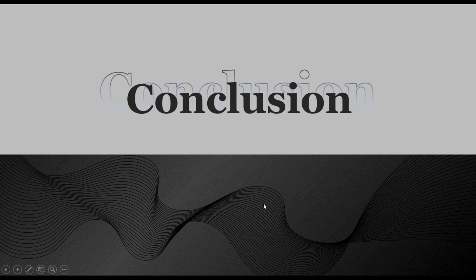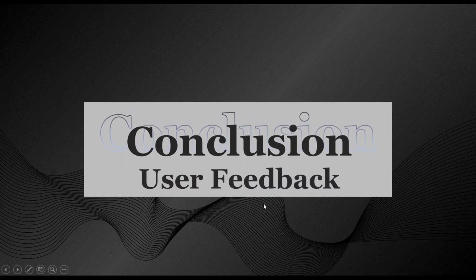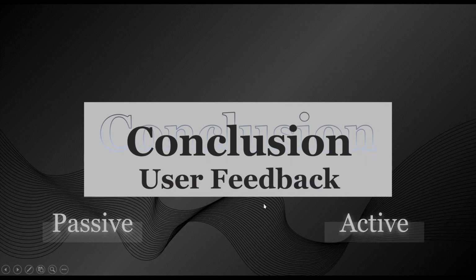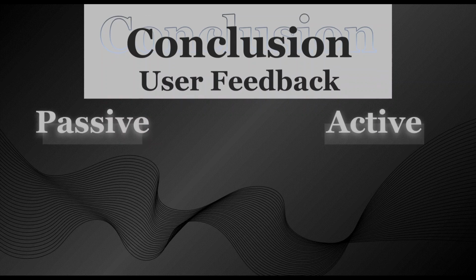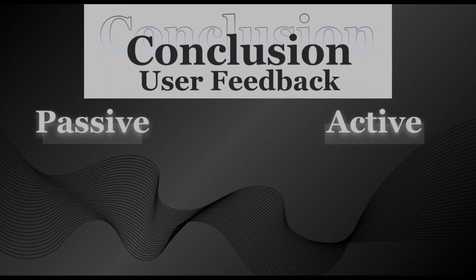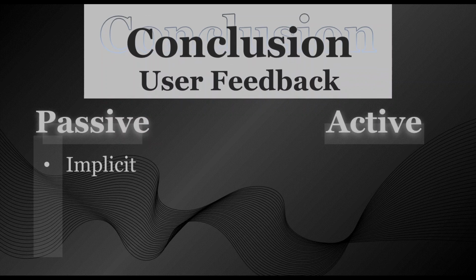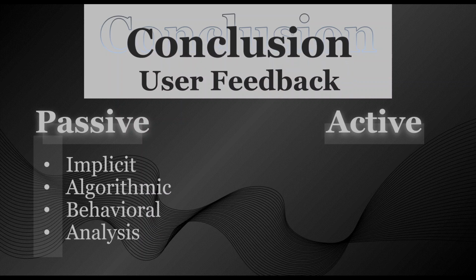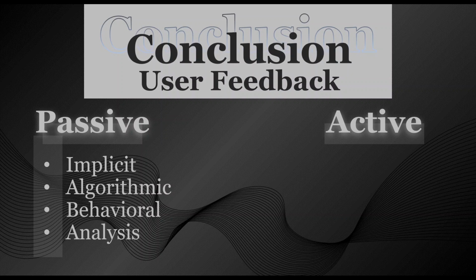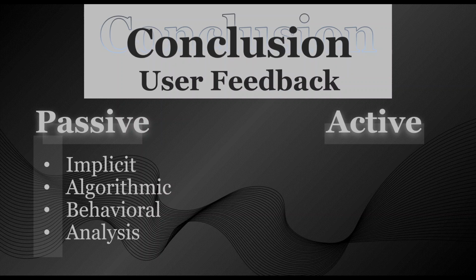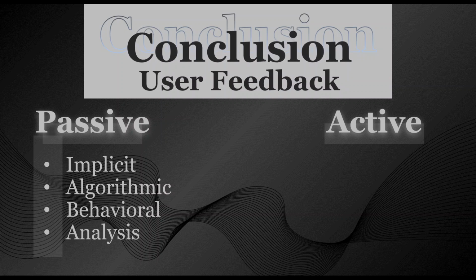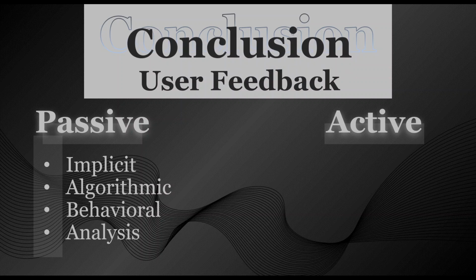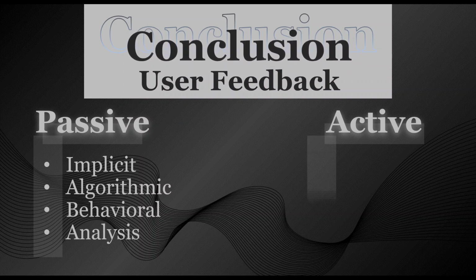Well, in conclusion, we're going to wrap up what we have said. We covered user feedback, two types of it, passive and active. In brief, we said that passive user feedback is implicit, it's algorithmic, and uses algorithms and analysis to get the feedback from our behavior.